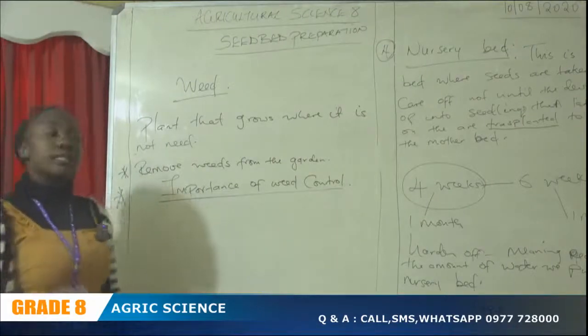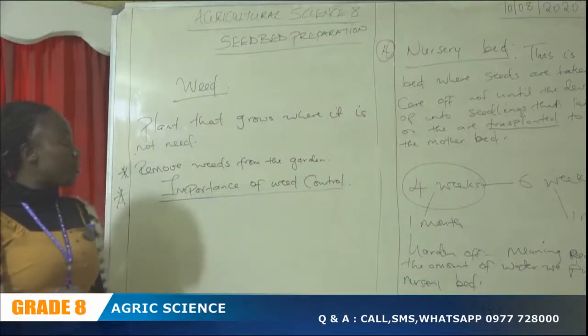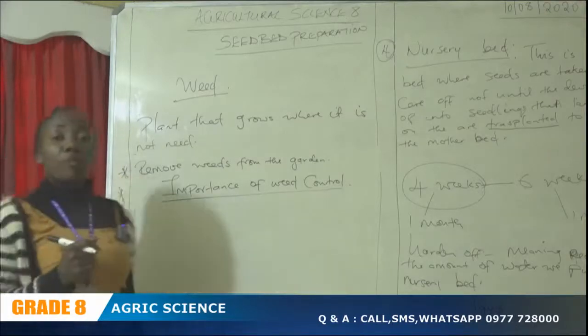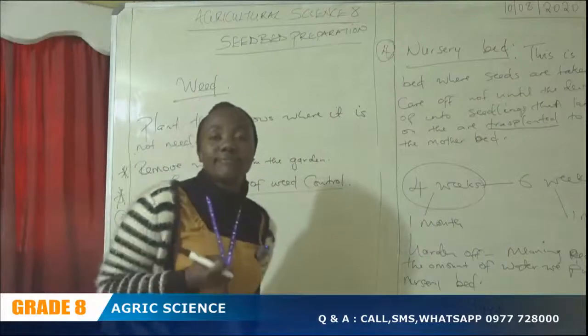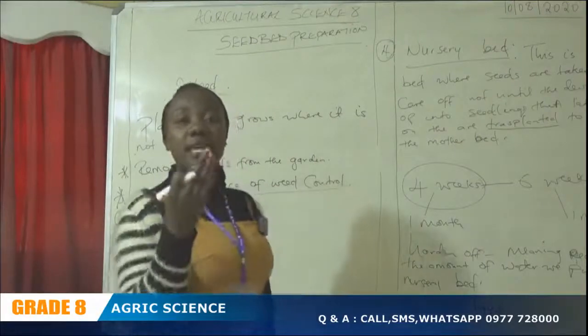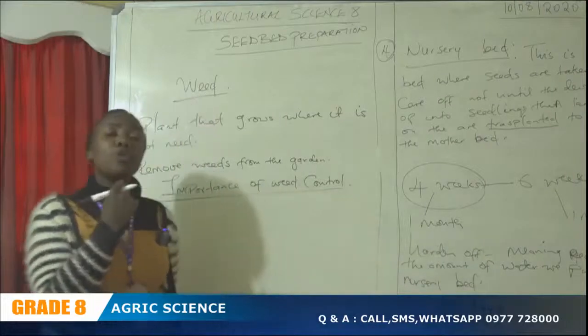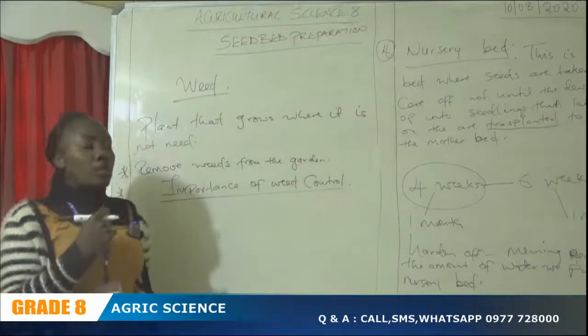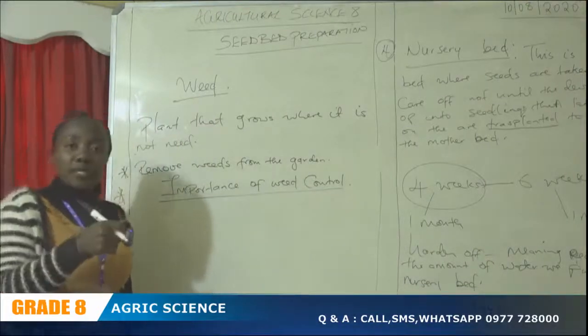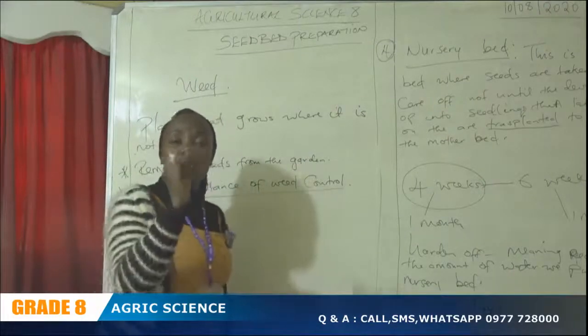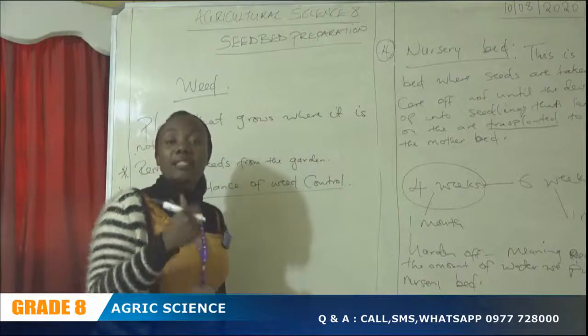One, to reduce the competition of water, sunlight, space, and nutrients, okay? So it is important to remove weeds from our garden because we do not want the crops and the weeds to compete for nutrients, water, sunlight, and space, okay?